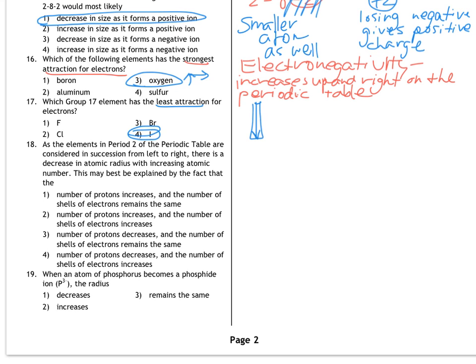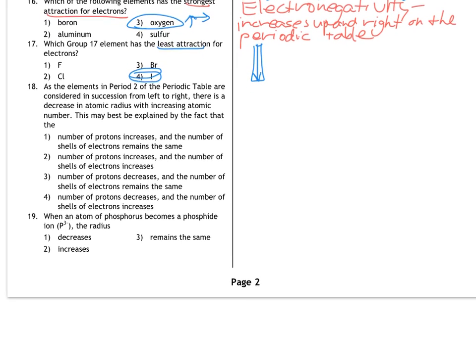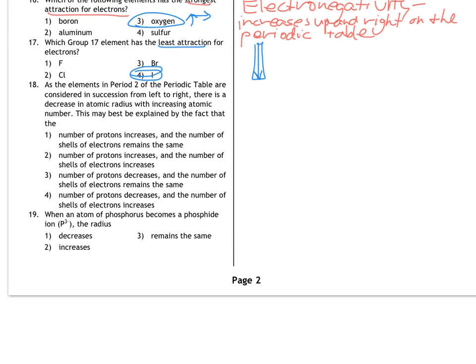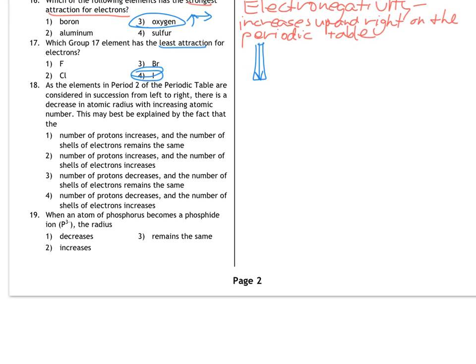Number 18, it says, as the elements in period 2 are considered in succession from left to right, so we're looking at a period, and we're going from left to right, there is a decrease in atomic radius with an increase in atomic number. And they want to know an explanation for that.